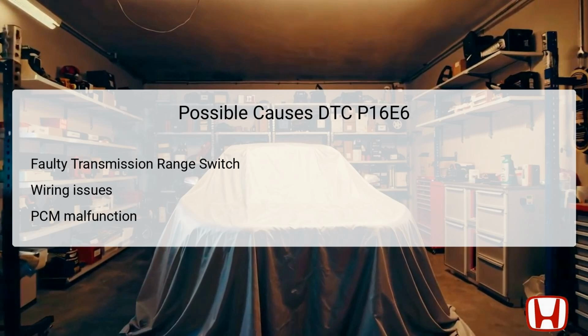Secondly, wiring issues, specifically short circuits or breaks in the lines connecting the switch to the PCM, can contribute to miscommunication between these components. Lastly, the PCM itself could be malfunctioning, failing to interpret the signals it receives properly. It is crucial to assess each of these possible causes systematically to determine the root of the problem.